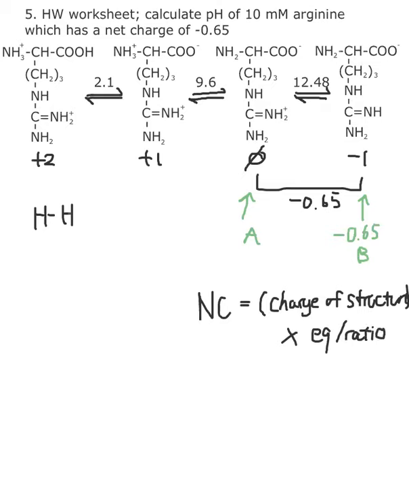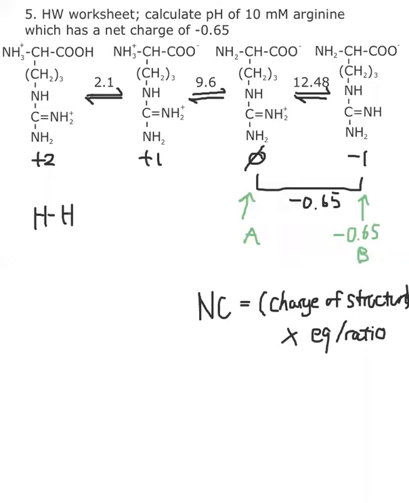So in this case, -0.65 equals the charge of the structure, which is -1, right? And then times the equivalence.